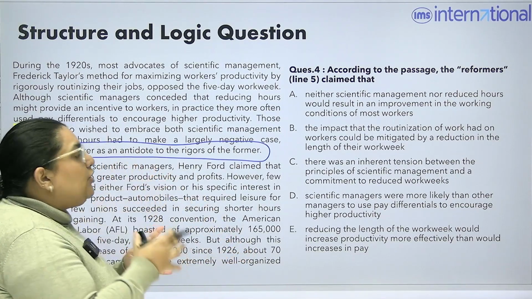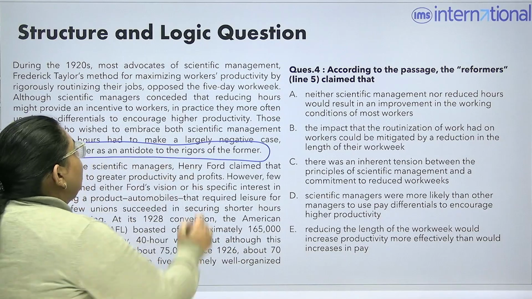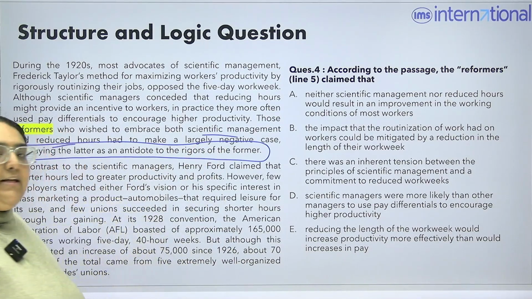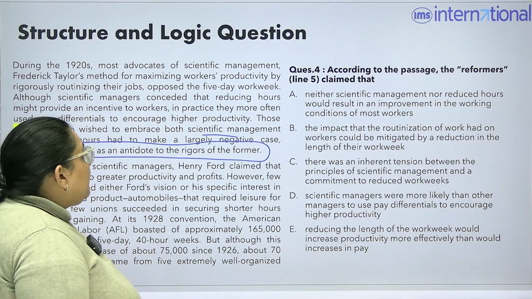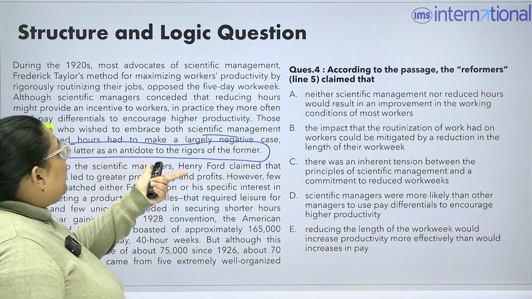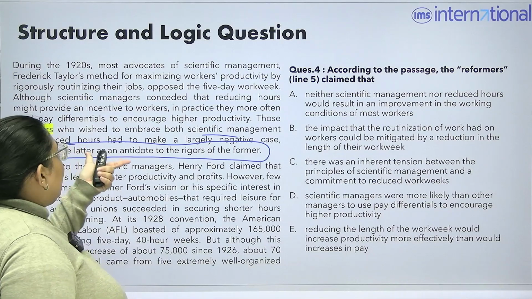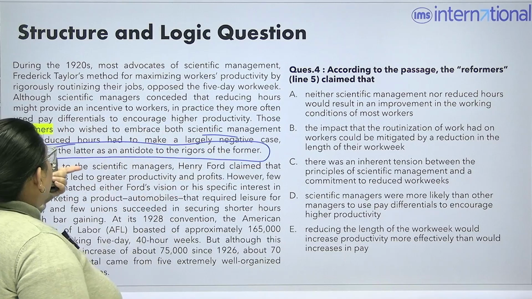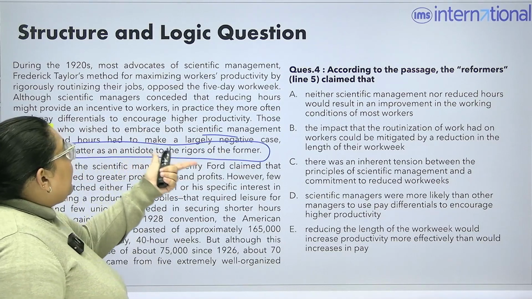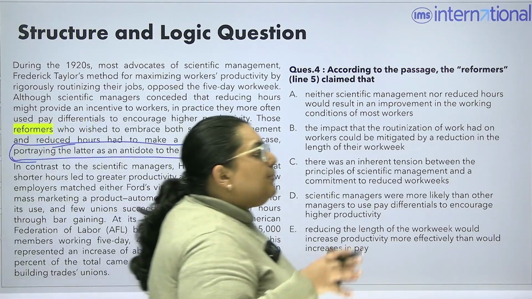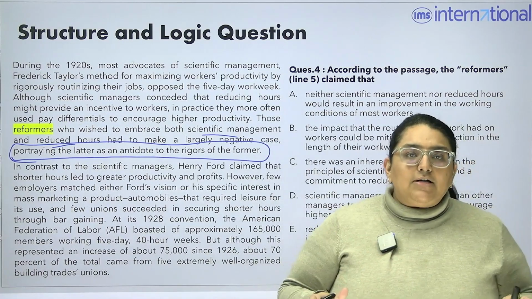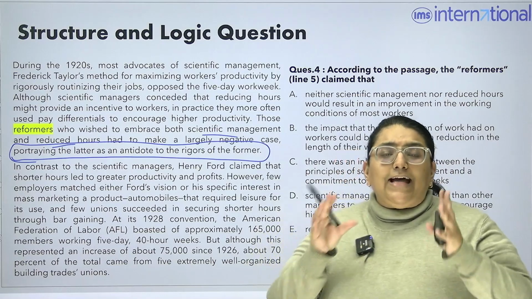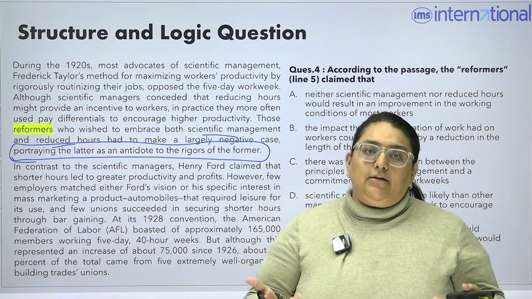They wanted to embrace both aspects, scientific management and reduced working hours. So in order to do so, what did they have to do? They portrayed the latter as an antidote to the rigors of the former. So they portrayed reduced working hours as a solution to the rigorous and hard work that scientific management required.